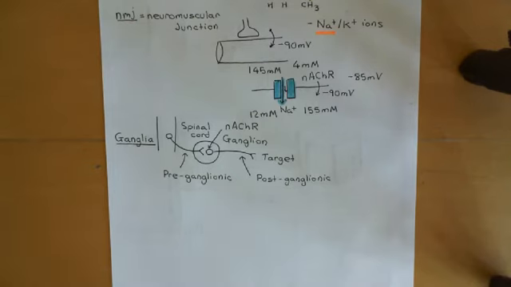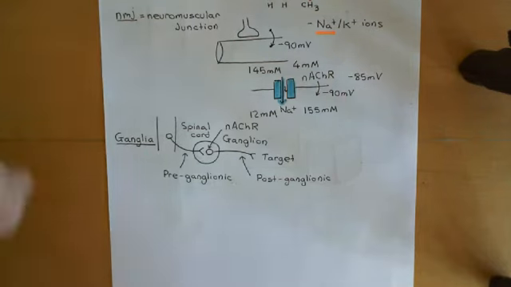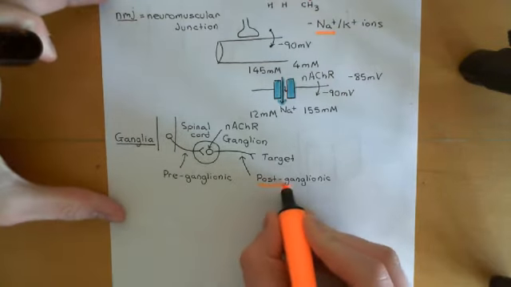Again, these nicotinic acetylcholine receptors open a sodium and potassium conductive channel, but the most important current is the sodium current coming in, which will depolarize the electrical potential difference across the cell membrane and make it more likely that this postganglionic neuron will fire an action potential.